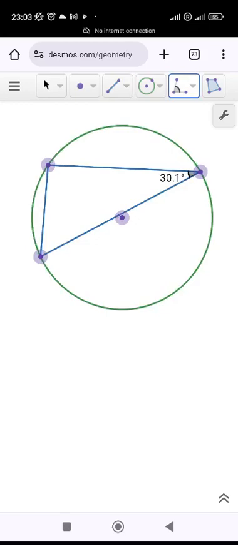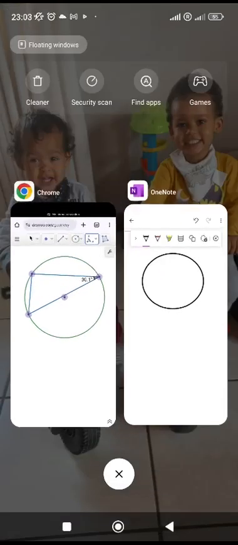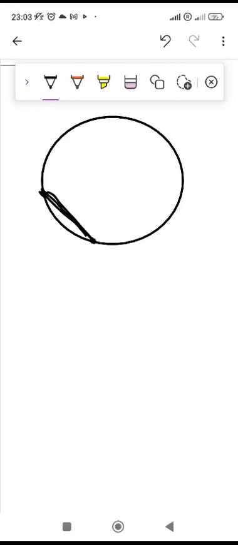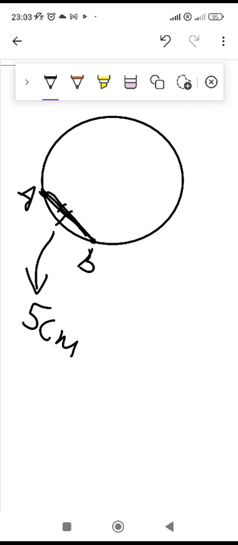Okay, so what I'm saying is this: if I have a chord over here and this chord length is maybe 5 centimeters, let's call it AB, and let's say AB is 5 centimeters. And if AB subtends to this point over here, it has a certain angle.